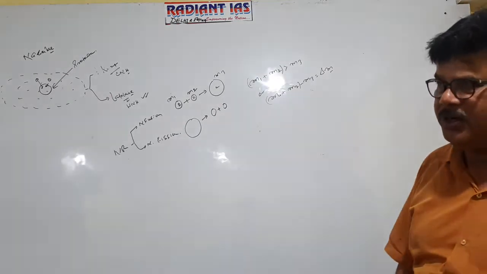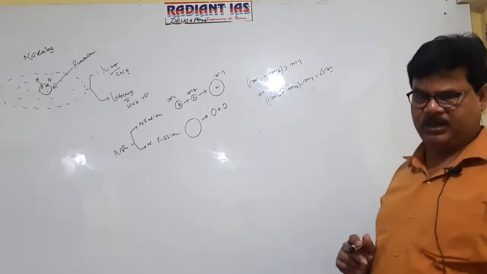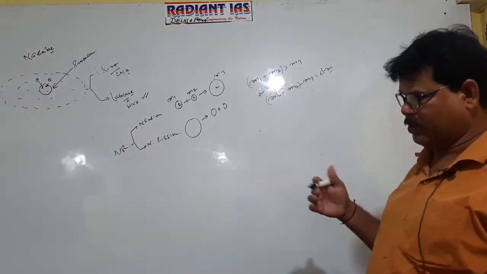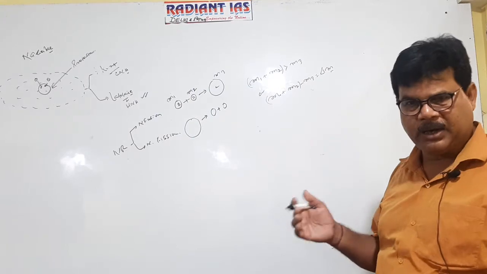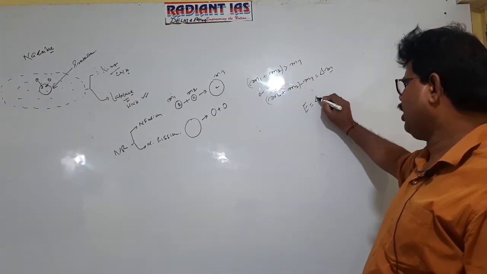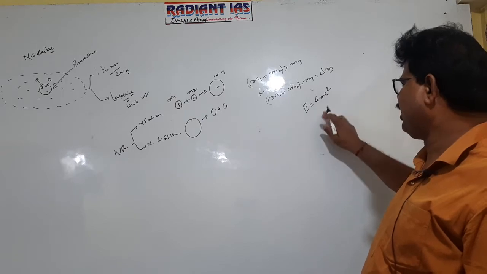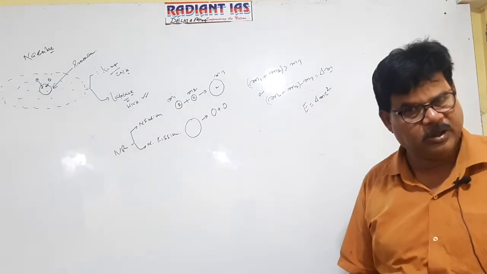And Einstein propounded the theory of relativity. He stated that when mass defect occurs, this mass converts into energy as per E equals del m c square, where del m is the mass defect and c is the velocity of light in vacuum.